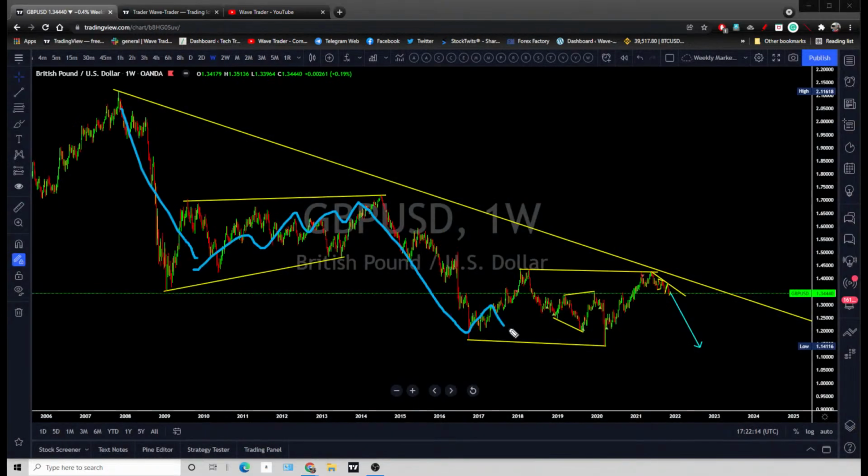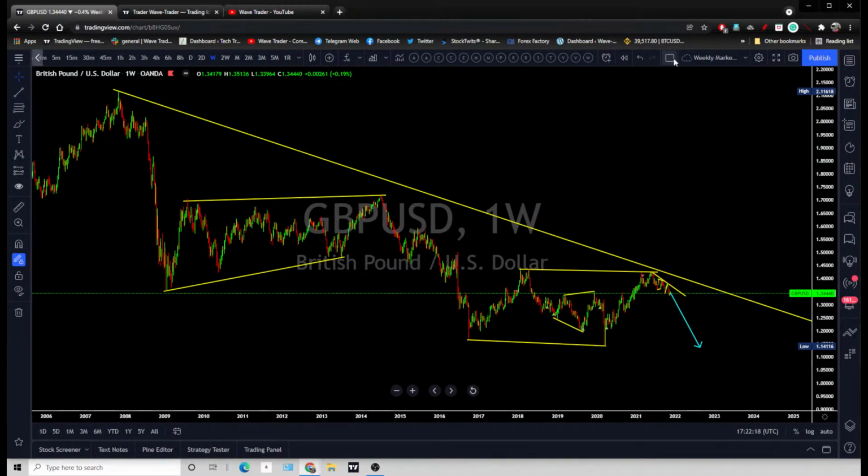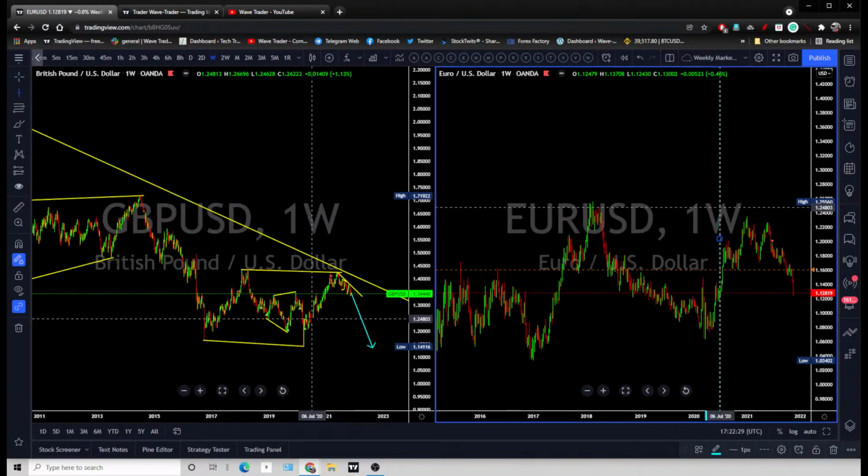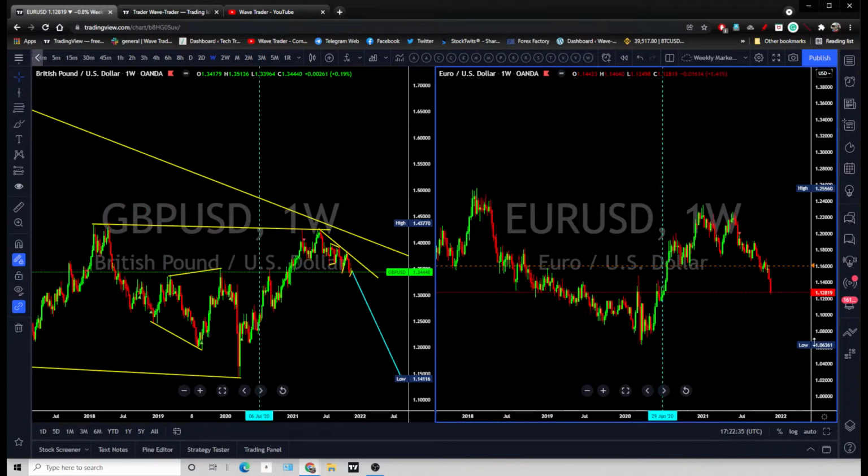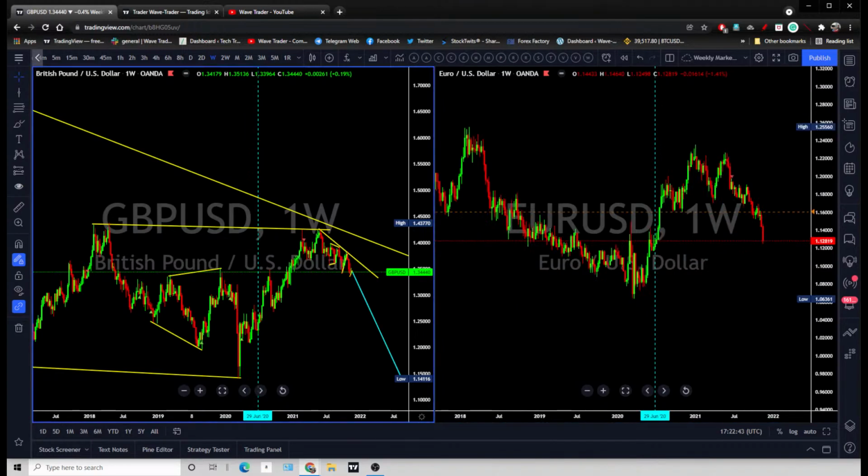Pound continues to keep dragging lower all the way. So euro is somewhere there. If I compare these two charts and look at the euro dollar, on the 29th of June we were having 112 on the euro dollar.